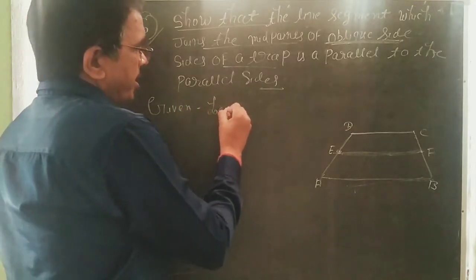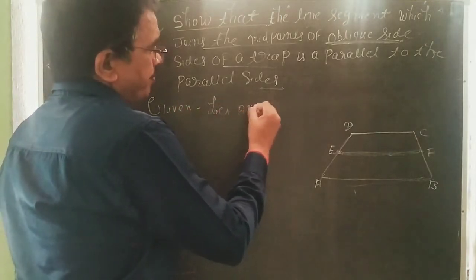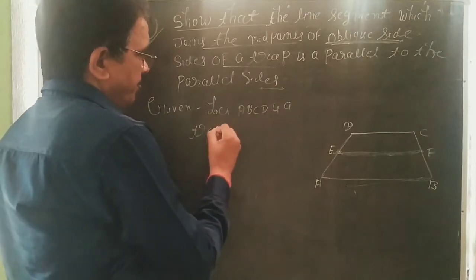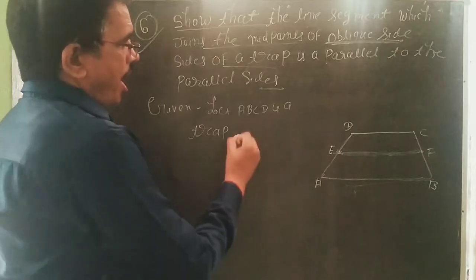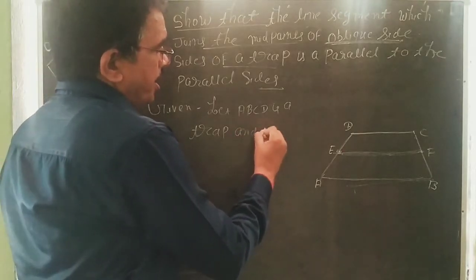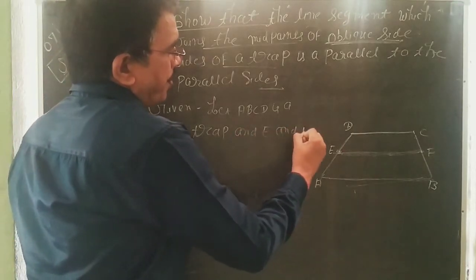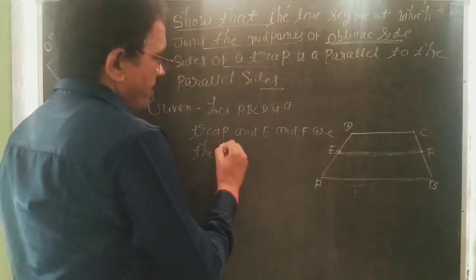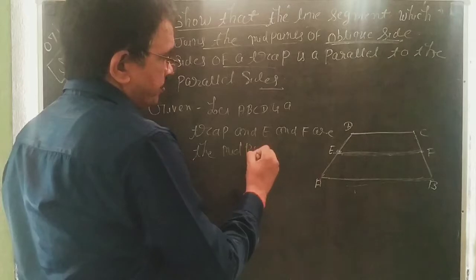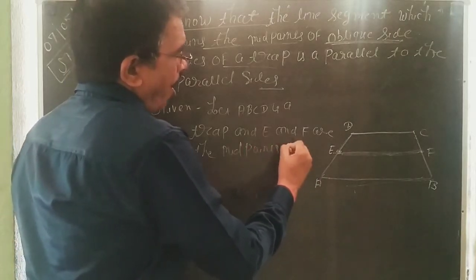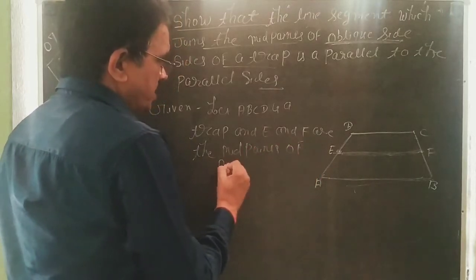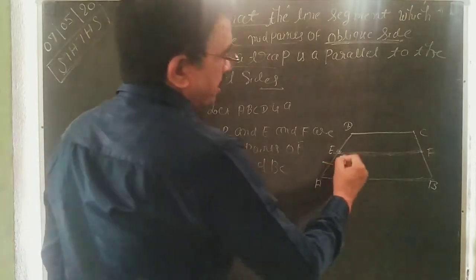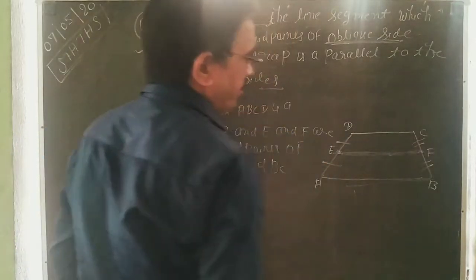Given that let ABCD is a trapezium and E and F are the midpoints of oblique sides AD and BC. That means these parts are equal and these parts are equal.